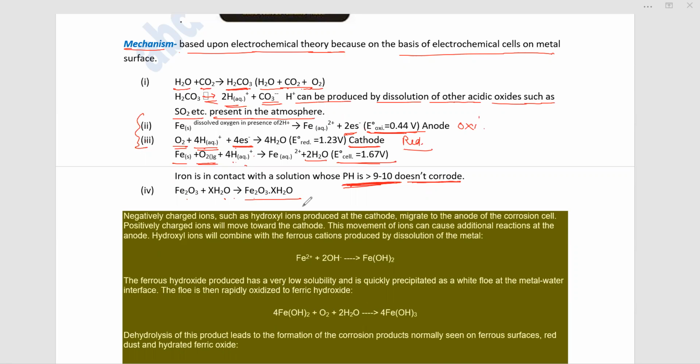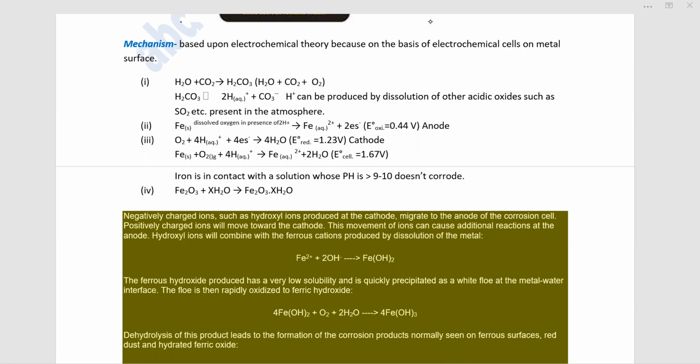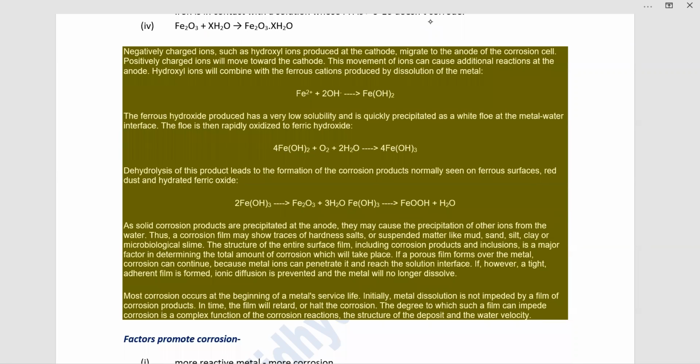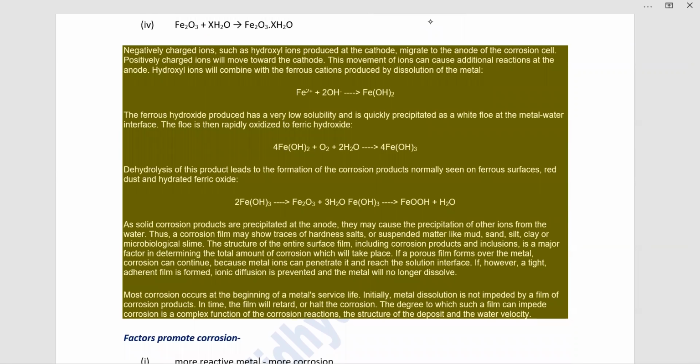Now we will see the same thing, the reactions involved in corrosion, in a different form. This Fe2+ combines with 2OH- to form Fe(OH)2.